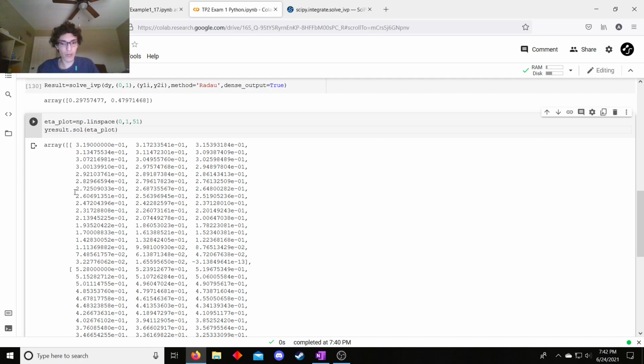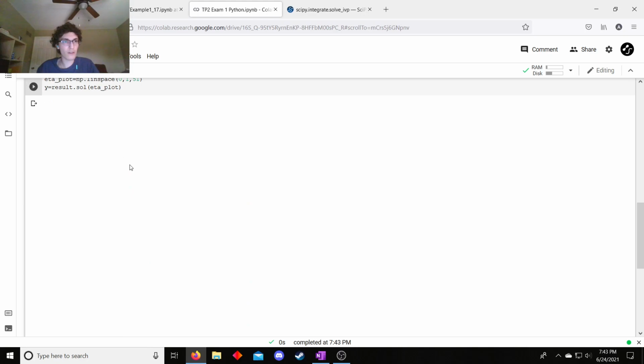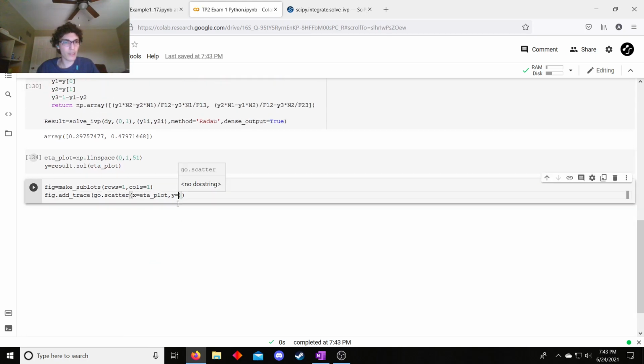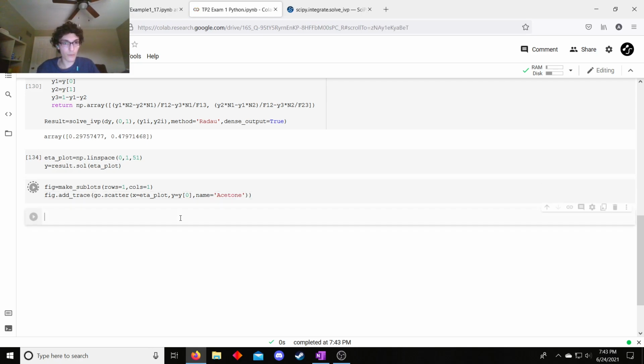I'm going to call this y. And we want the 0th index in this y array. So y equals y, and it's going to be 0. Okay, and then we're going to name it acetone. We're going to run it.